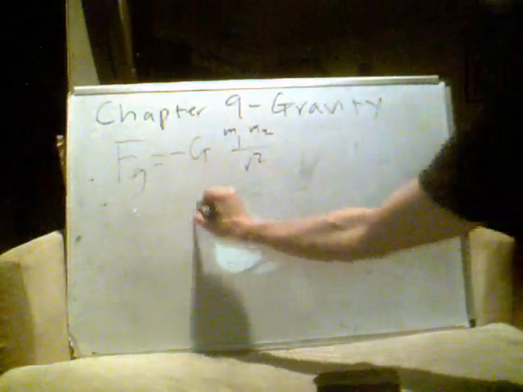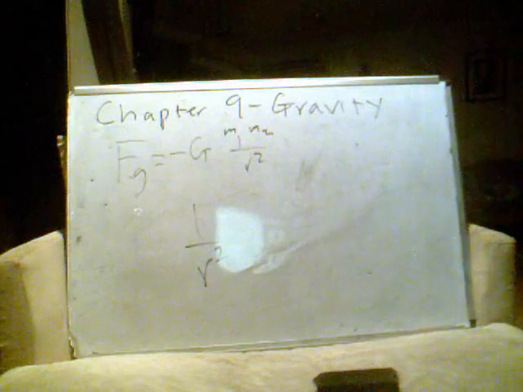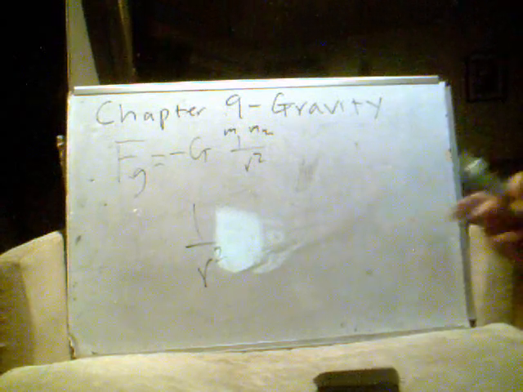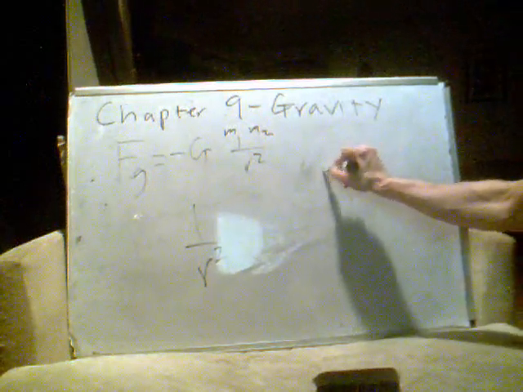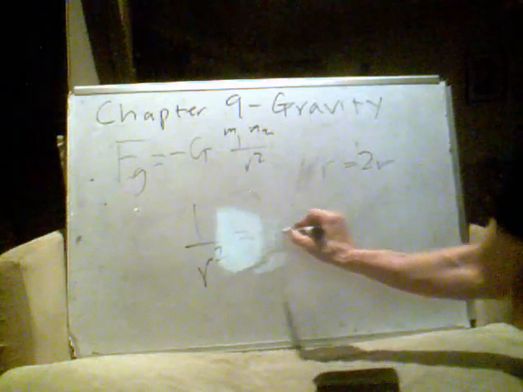Now this 1 over r squared factor is going to tell us what's going to happen. Let's say that the moon was all of a sudden twice as far away from the Earth, right? So the distance went from r to 2r. What's going to happen to this equation then?